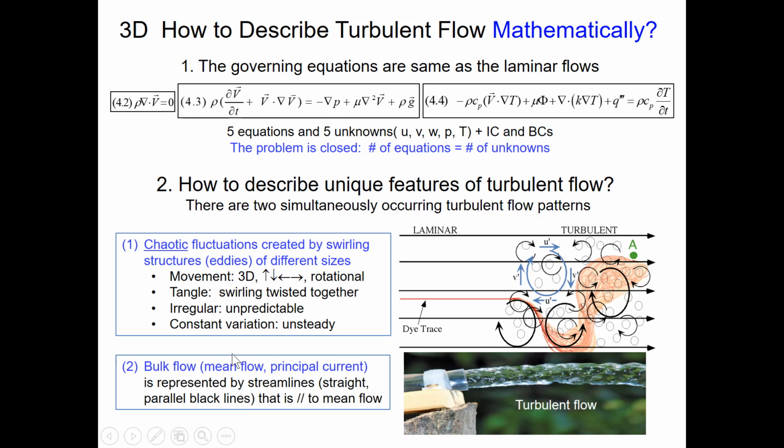Even though the turbulent flow has its unique chaotic fluctuation pattern, it also has a determined flow pattern, which is the bulk or mean flow. For example, when water comes out of the hose, we can tell the mean flow is moving forward, which is represented by the streamlines, the black parallel lines.